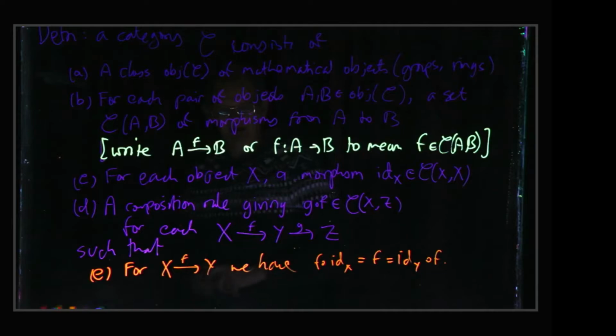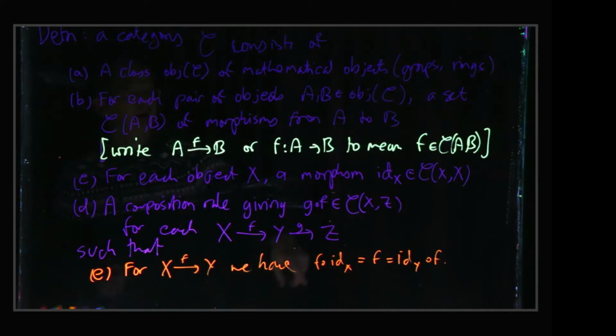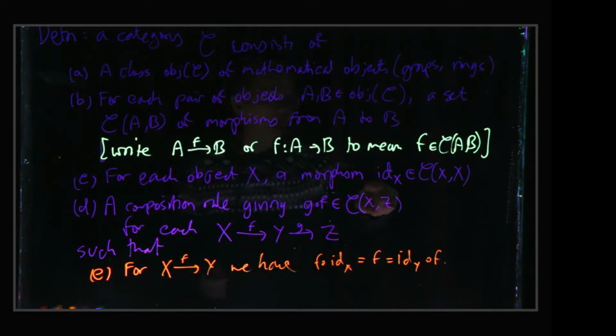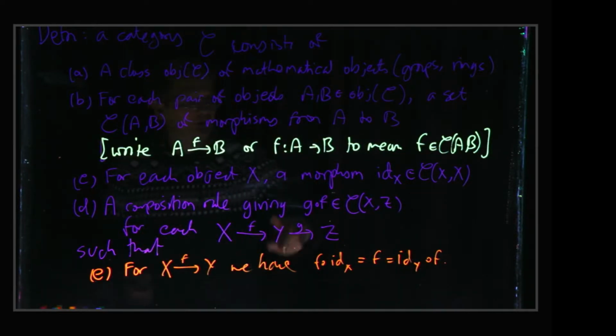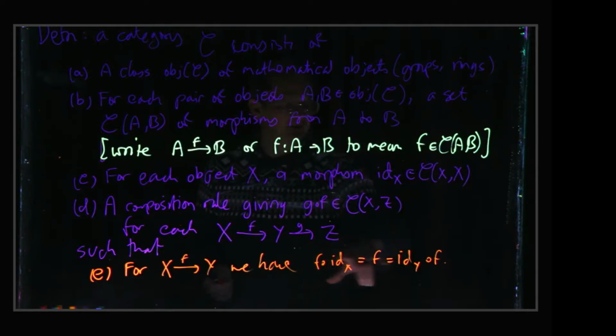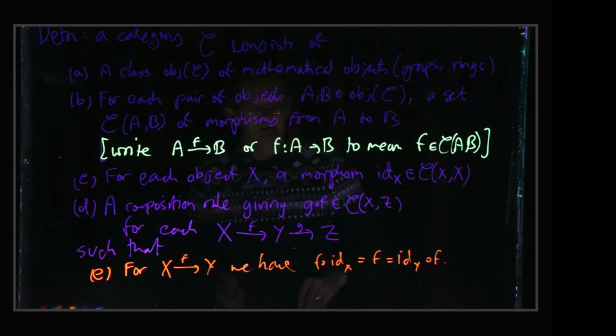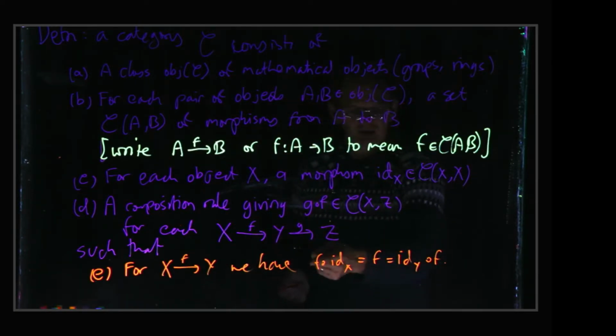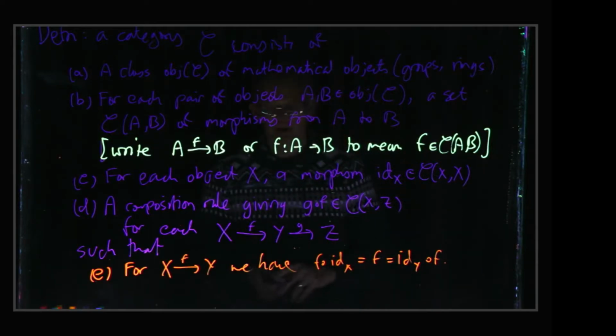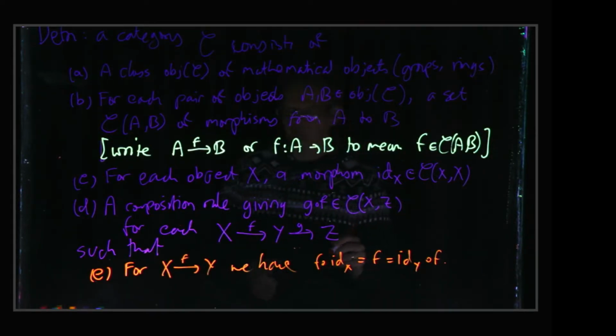Okay, so remember, axiom C provides for us these morphisms, id X and id Y. Axiom D provides for us this rule which defines these compositions, and they're supposed to fit together in this particular way that if we compose an identity on either side, then we just get the original thing.